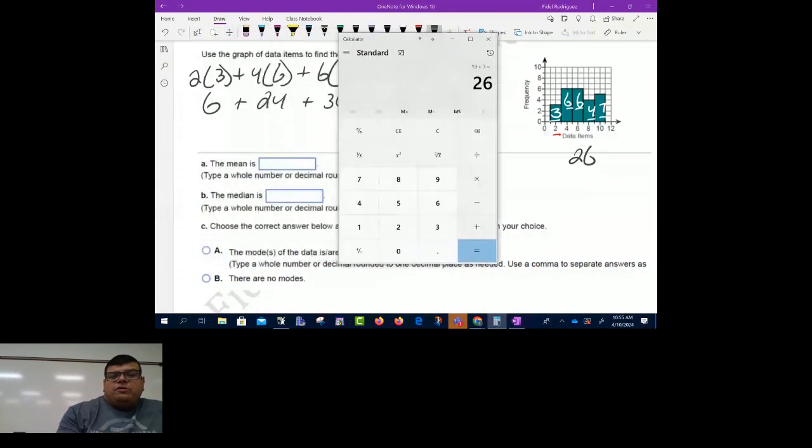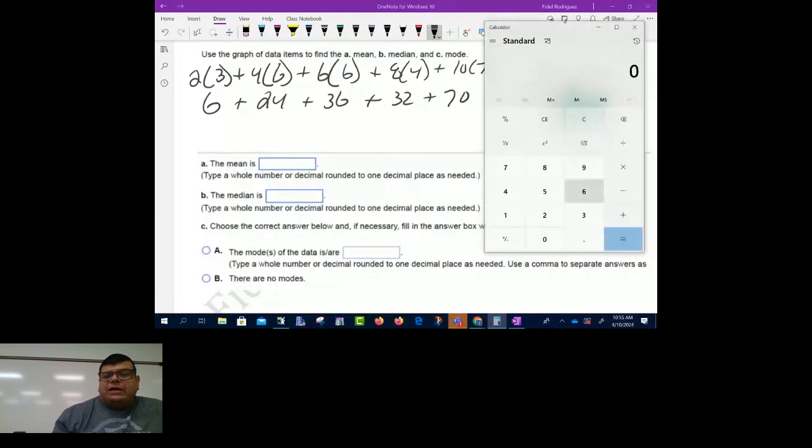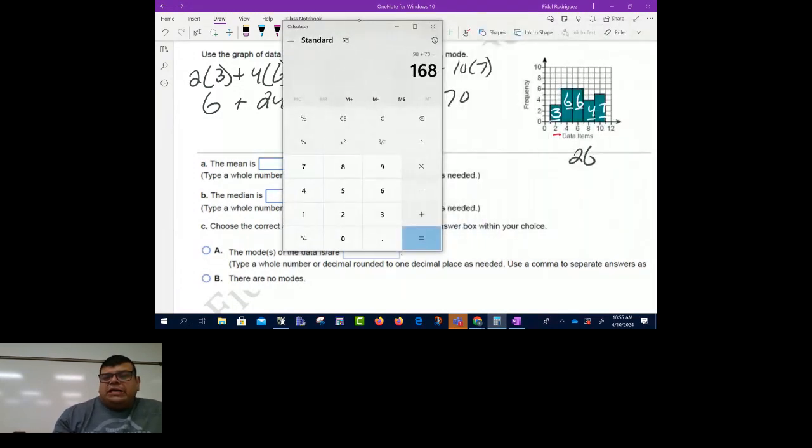I want to add those numbers together, okay? So 6 plus 24 plus 36 plus 32 plus 70, that's 168. We're going to take that number and divide it by 26, because there were 26 numbers there.